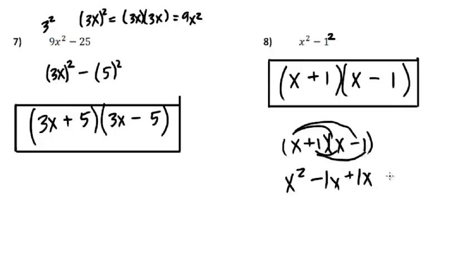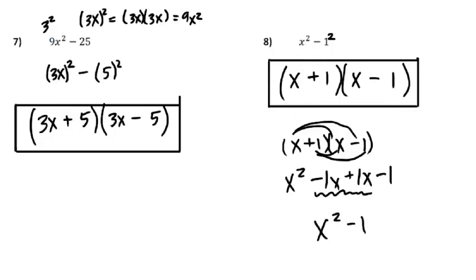And 1 times 1 is 1, and we're subtracting because a negative and a positive multiplied give you a negative. So you look, and hey, we have like terms in here. Negative 1x plus 1x is 0. So then we're left with x squared minus 1, which is exactly what we started with.